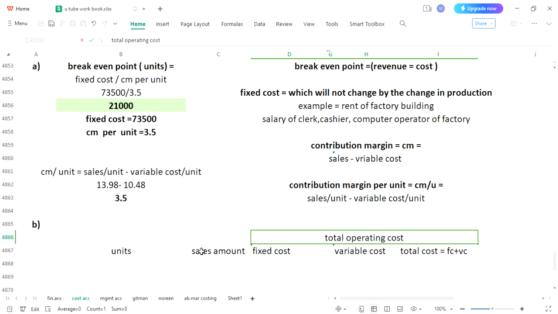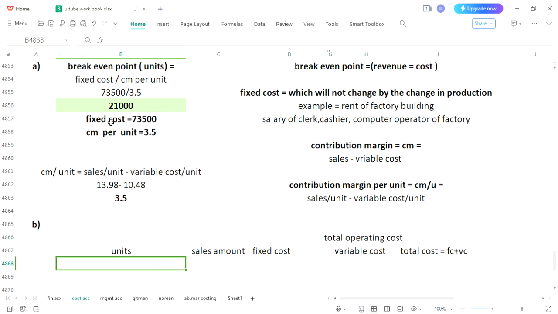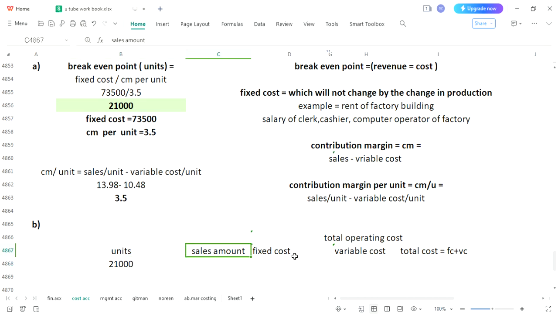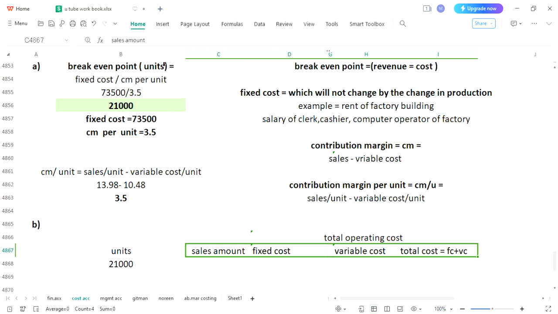Number of units which we have calculated is 21,000. We can point out over here. Fixed cost. What we have discussed earlier, that fixed cost is a cost which will never be altered. No matter if you are working for a low number of units or you are working for a large number of units, your cost would remain the same.